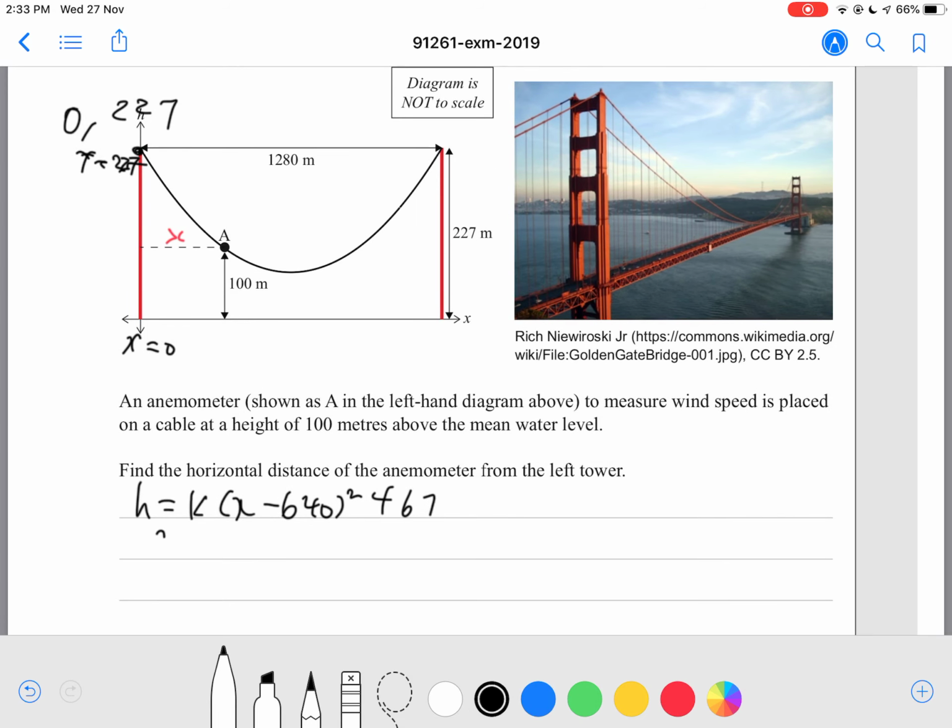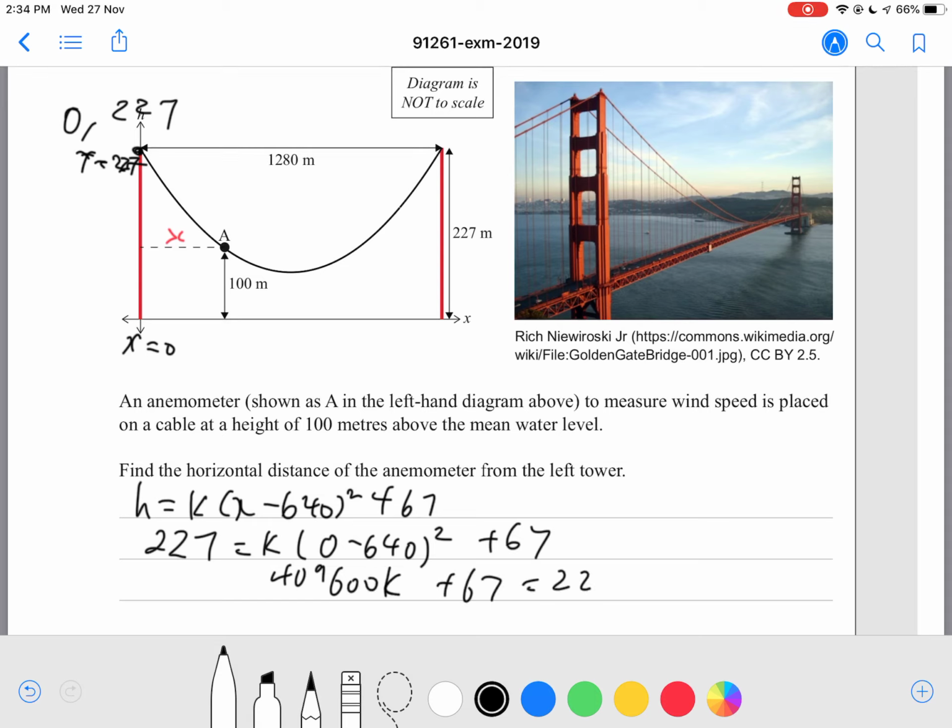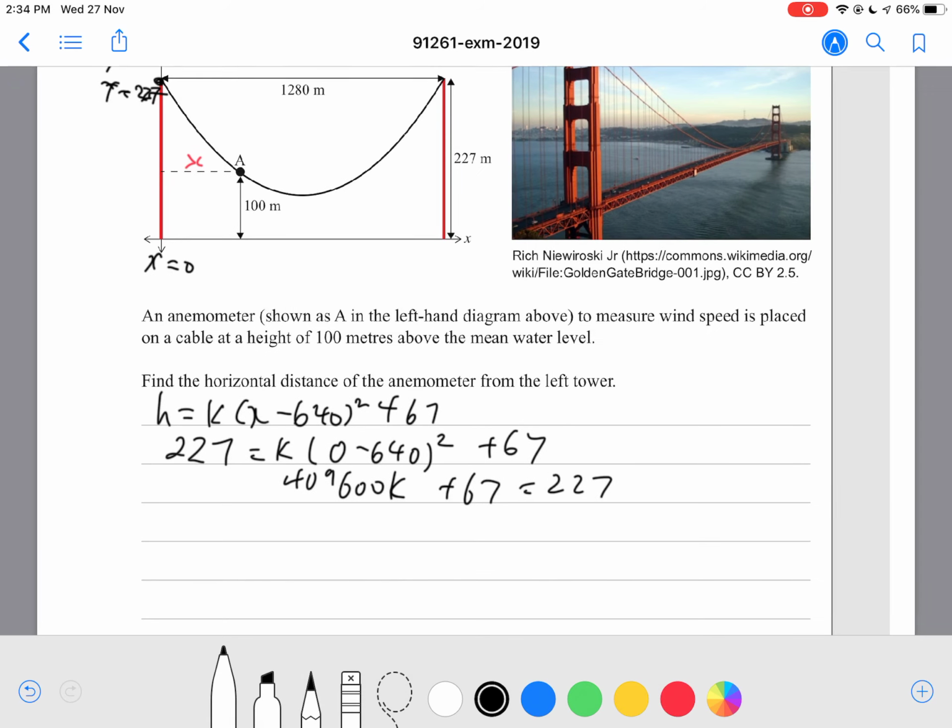So we can substitute those numbers in. We can say height was 227 equals k times (0 minus 640) squared plus 67. So negative 640 squared is positive. So it's positive 409,600 k plus 67 equals 227. 227 minus 67 is 160.